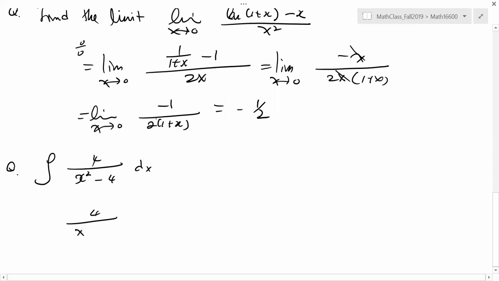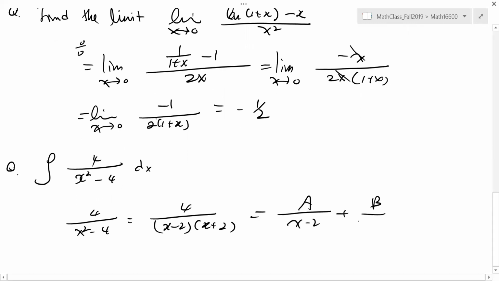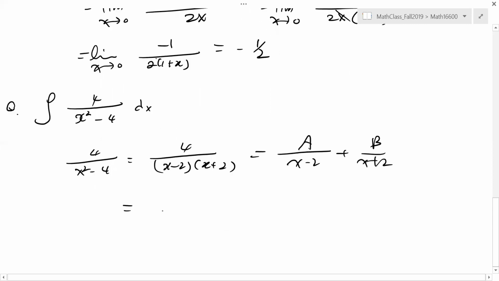So 4 over x squared minus 4 is 4 over x minus 2 and x plus 2, right? Now you can try to find the coefficients, but there's a quick way to do that. You can try 1 over x minus 2 minus 1 over x plus 2 to see if you're able to get the same constant.